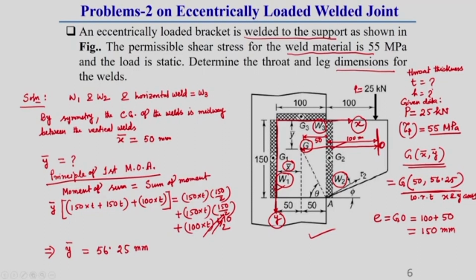Now, we will go for finding out first the primary shear stress, then the secondary shear stress, then the resultant shear stress. So, what is primary shear stress? One by one we will follow the steps.